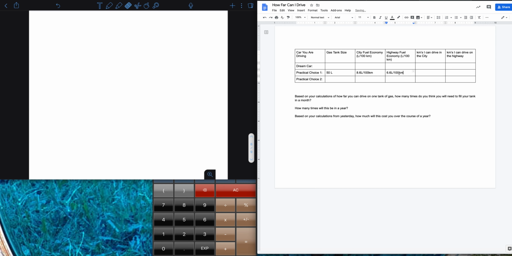Now, here's the point of today. I want you to figure out both of these columns, right, based on the selection that you've made. So the way we do this, take a look over here. I'll show you how to do this. This is a basic math skill that I think gets missed all the time, and it's very, very useful.